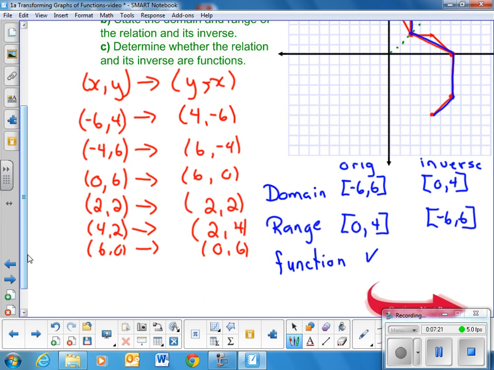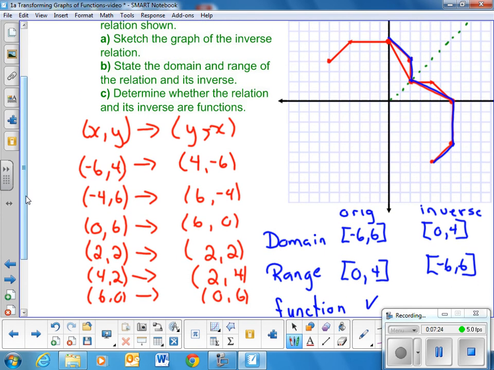However, if we look at our blue graph, our inverse graph, there's 2 spots where if I draw a vertical line it would cross more than once. In this section of our graph and in this section of our graph. And so our inverse is not a function.